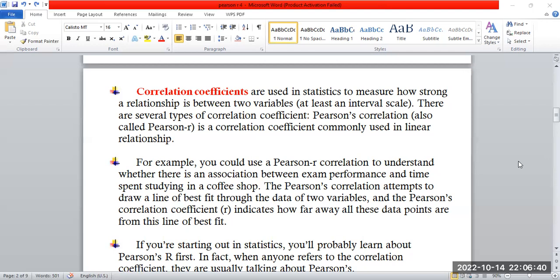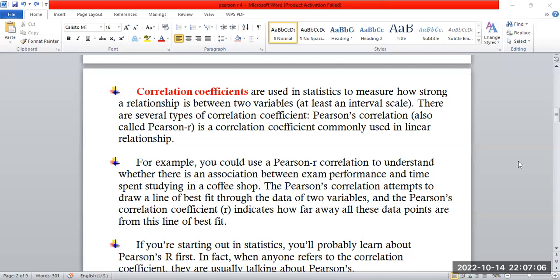This Pearson R correlation coefficient, you will use in your research soon. So in your survey, diba, for example, you need to understand whether there is an association between exam performance doon sa time spent studying in a coffee shop.